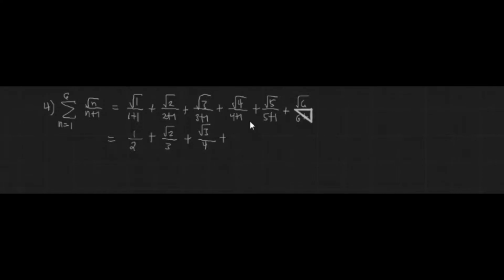Kung pwedeng simplify, then i-simplify natin. So, ito ay 2 over 5 plus, yung square root of 5, hindi na pwedeng simplify, kopyahin na lang natin, over 6 plus, itong square root of 6, same lang din, yun na yung sagot, over 7.